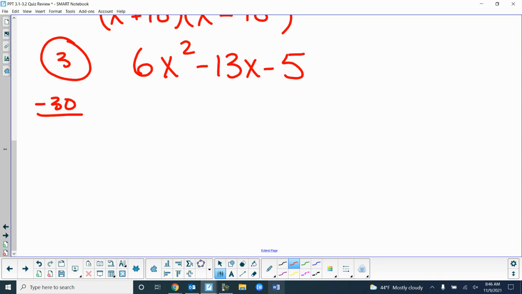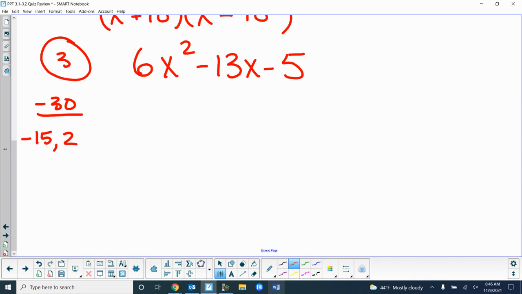If I go +10 and -3 to get -30, I get +7 when I add them. So a lot of you are stuck on that. But actually what works is a -15 and a +2. I get -30 when I multiply them, and then when I add them, I get that -13.